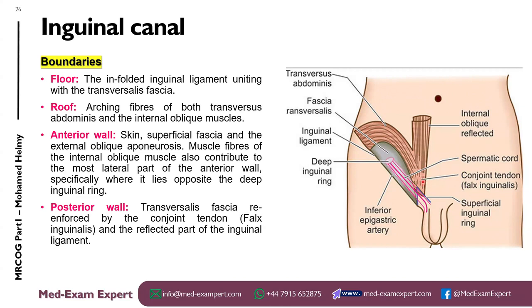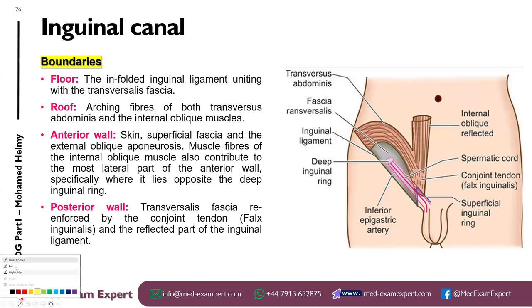We call it the conjoined tendon or the falx inguinalis. The arching of the transversus abdominis fibers and the insertion of the internal oblique make the roof of the canal.